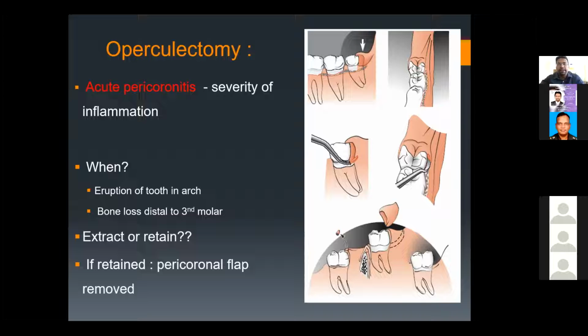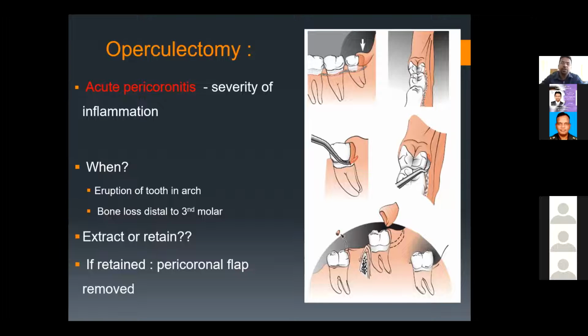Third important factor, there should be a slight amount of attached gingiva present buccal to 8. If you are meeting all these three criteria, then you can go for operculectomy. But if any one of these three criteria is missing, then you have to go for extraction or a disinfection procedure.